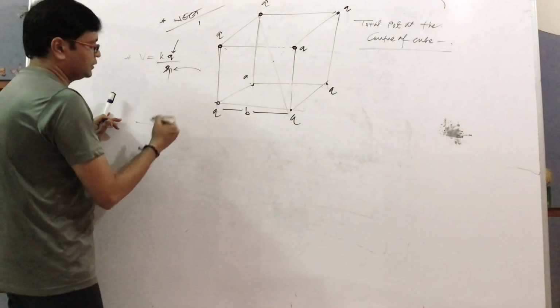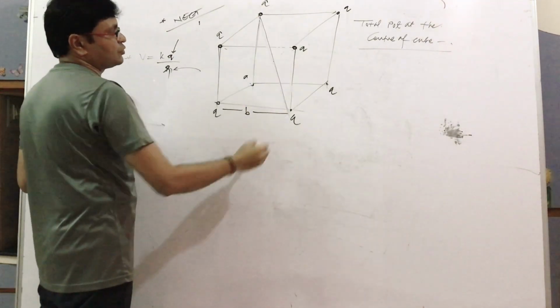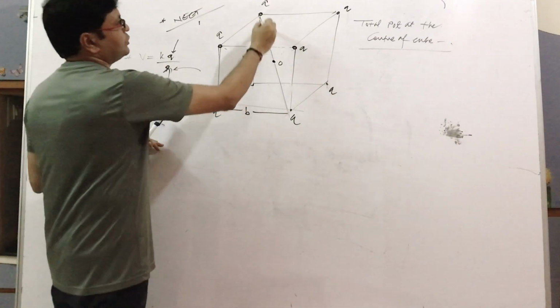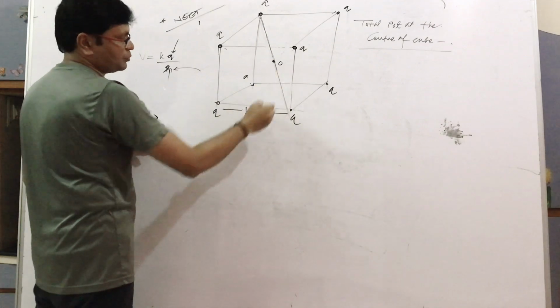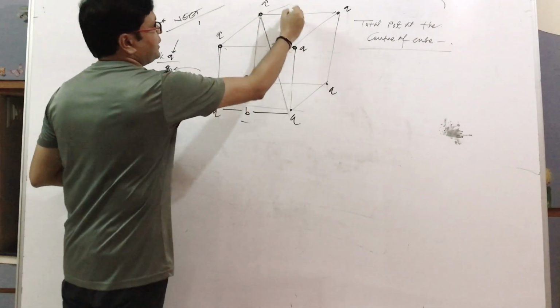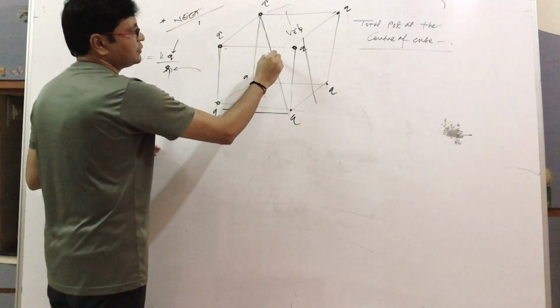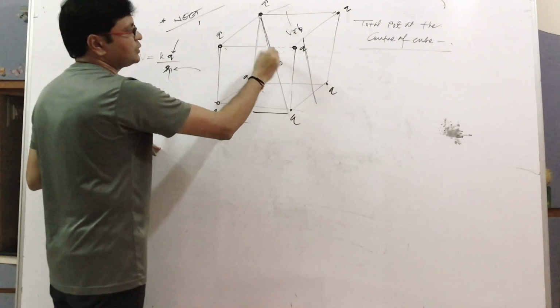So first of all, longest diagonal, that means this distance, is root 3 multiplied by the length of side b. So this entire distance is root 3b. Ready? But we are thinking about this central point.